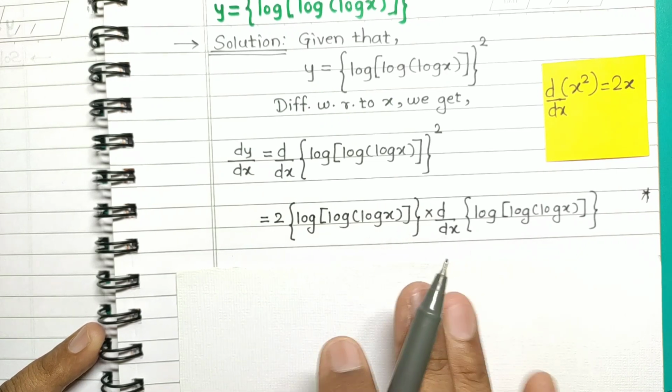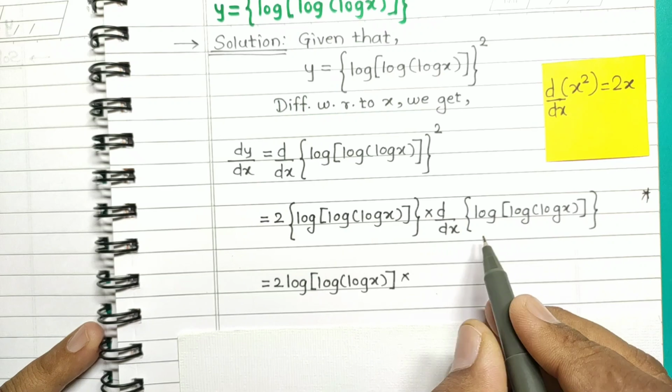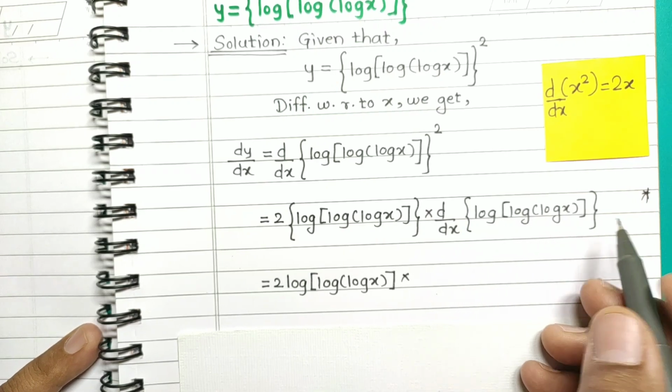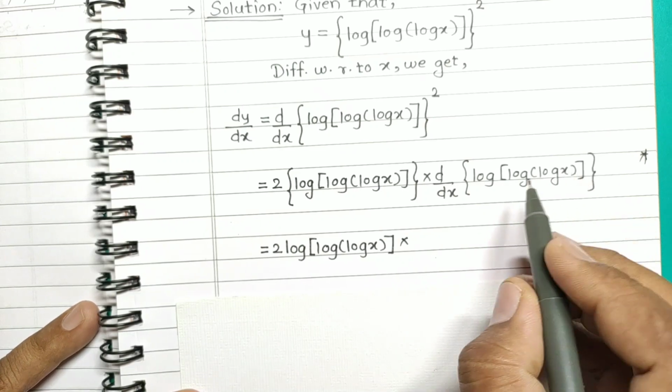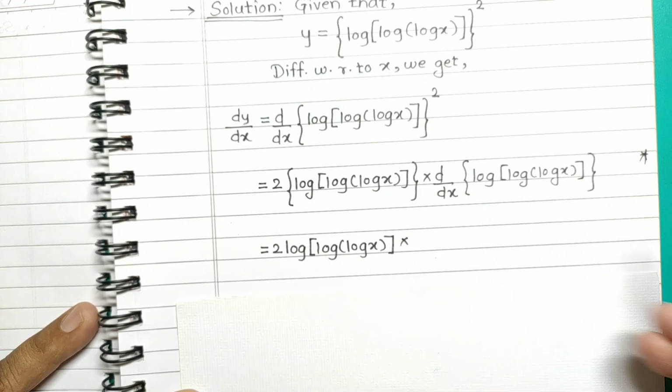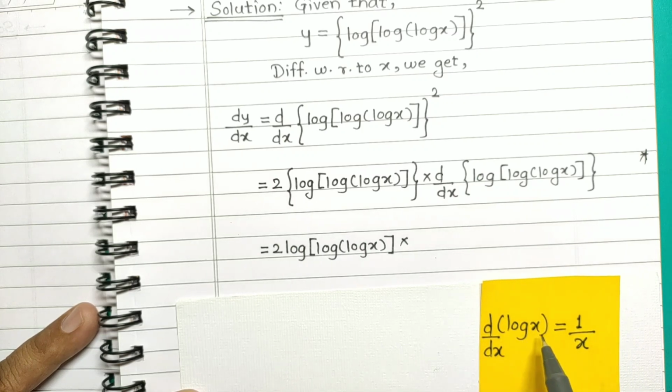we write the first term as it is into, see again it is a composition, log of something. So treat it as log of something, and we have the standard form: derivative of log x is 1 upon x.